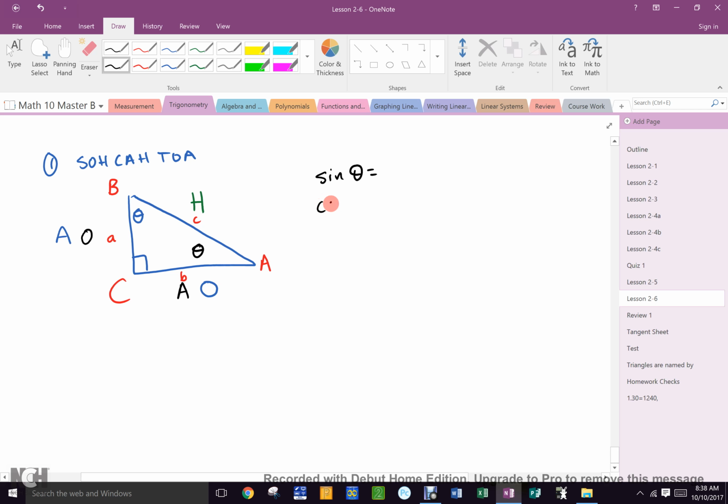And then, of course, what is the cos of black theta? Use the little red letters. And what is the tan of black theta? Use the little red letters. Then, of course, you'll do the same thing with the blue theta. Awesome. High quality.